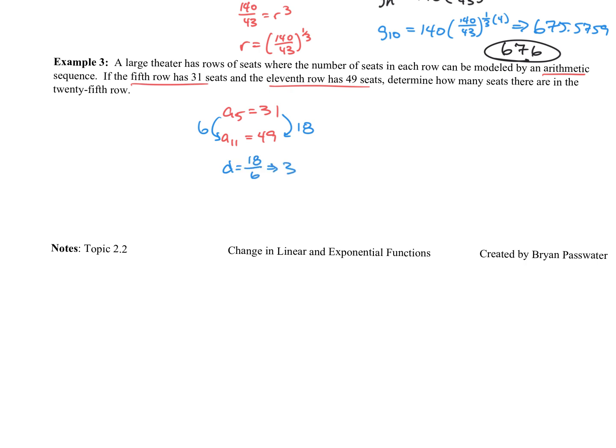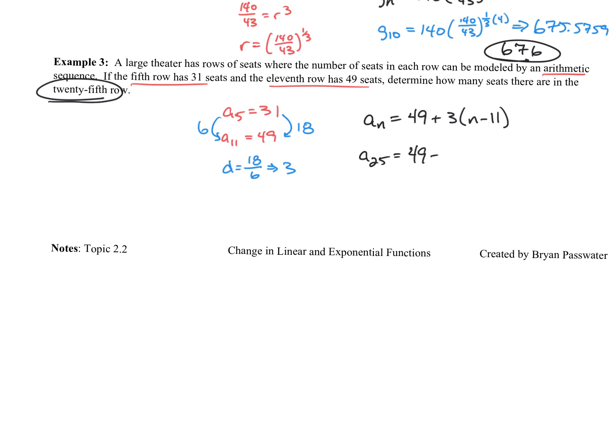And so from there, let's build our A sub n. And so A sub n is equal to what? Which one do you want to use? It doesn't matter. 11. The 11th one. So we get A sub n equals 49 plus my difference of 3 times n minus 11. And so from there, what do we do? We just find our A sub 25.